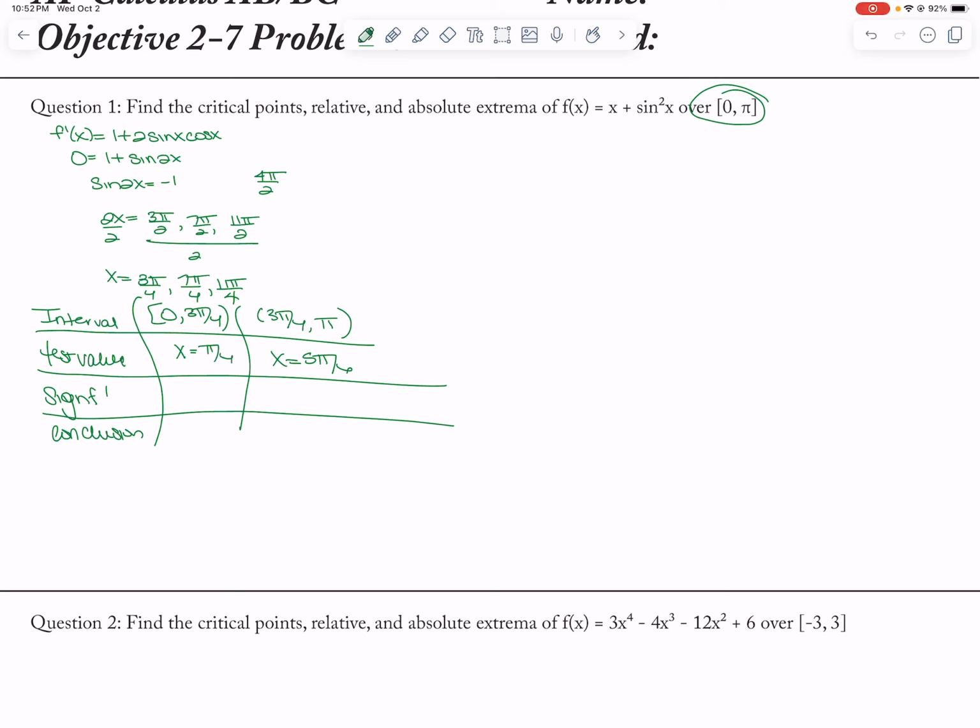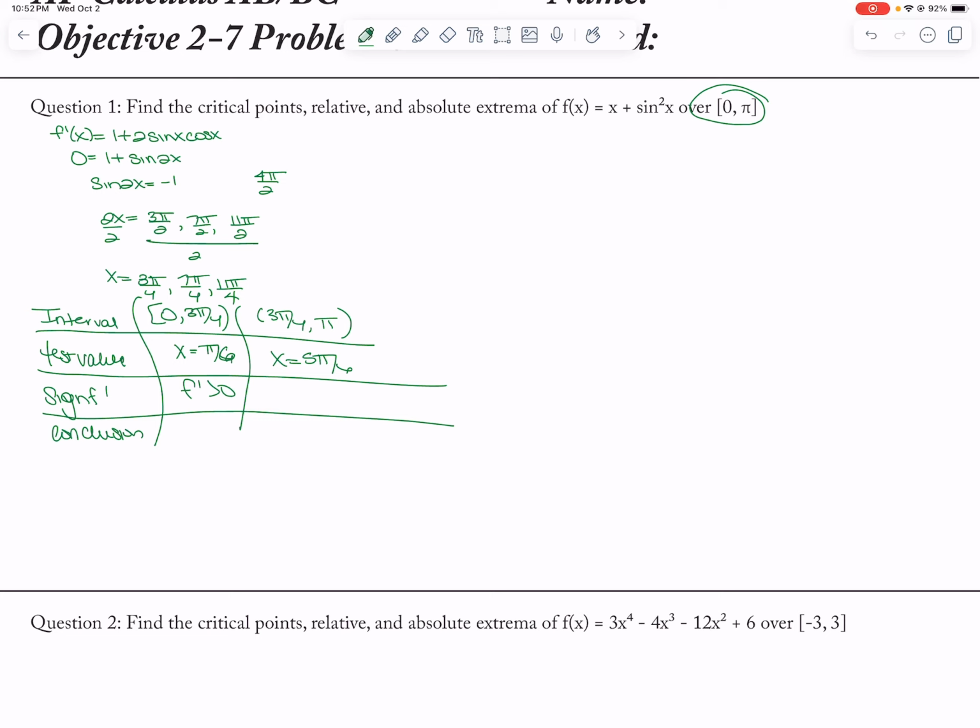Okay, so when I do pi over 6, it gives me pi over 3. So the sine of pi over 3, which I added to 1, so it doesn't matter. So that's going to be f prime is bigger than 0. And then 5 pi over 6, 2 times that is 5 pi over 3.